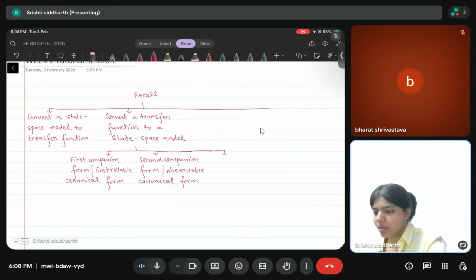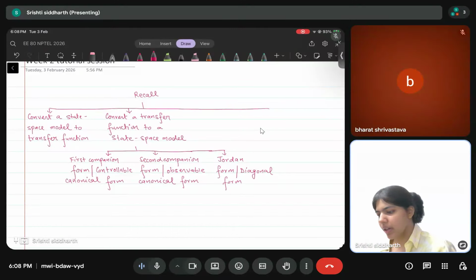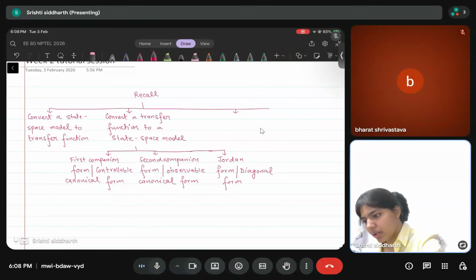And the third one is the Jordan form. In addition to this, we're also going to discuss transformations between state space models.